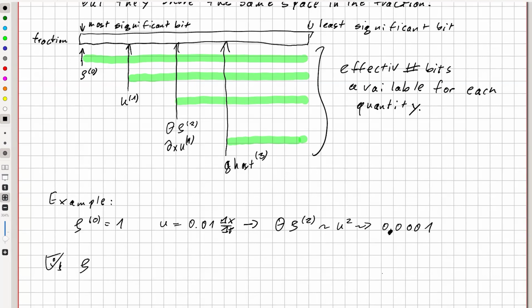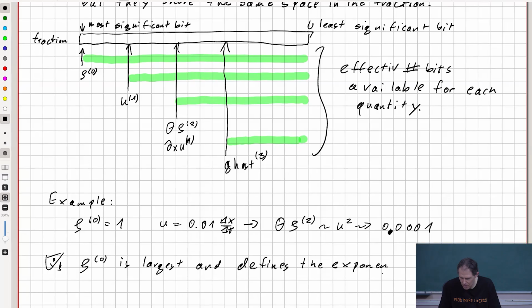So this rho 0, this is largest. And it defines the exponent of our float.